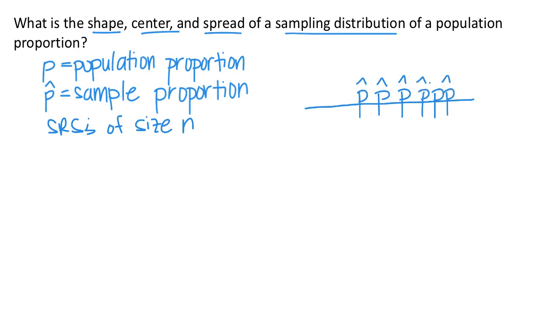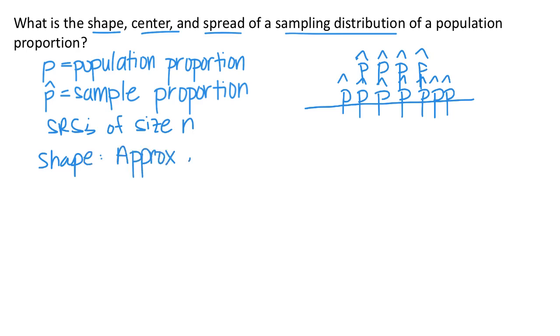The shape of that sampling distribution would be approximately normal if a condition that's called the large counts condition is true. So for shape, it's approximately normal if the large counts condition is met, and that is if n times p and n times 1 minus p are at least 10.